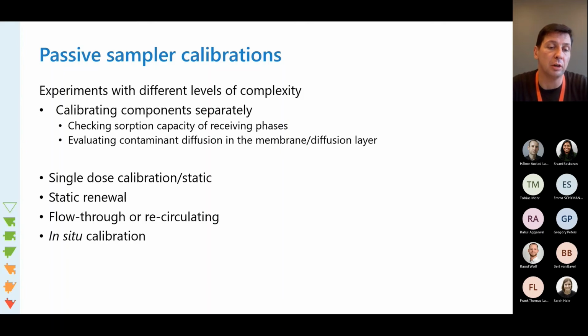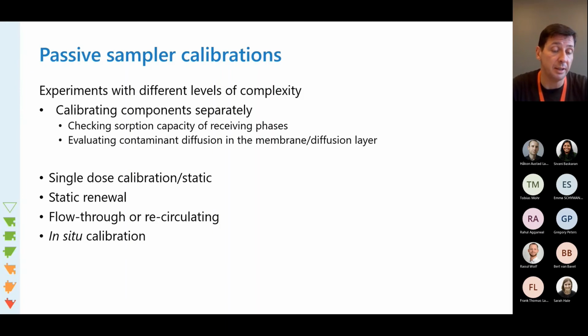And then the more time-consuming experiments are these flow-through or recirculating systems, where you have a tank where you spike the chemicals into the tank with water flowing through it to be able to have constant concentration. And then you remove the devices over time, and you build up your masses of chemicals accumulated in the devices over time.